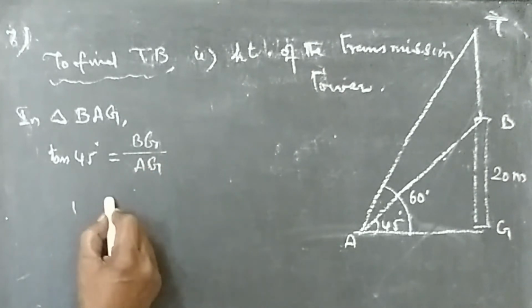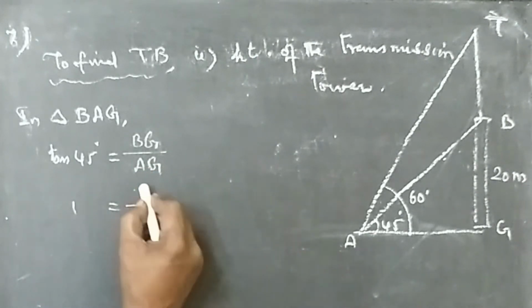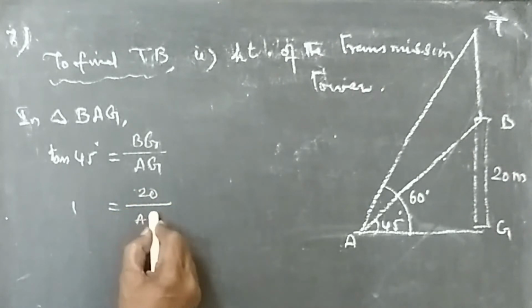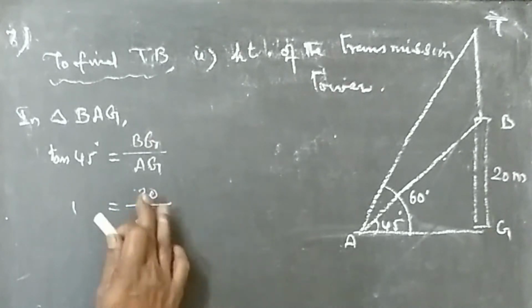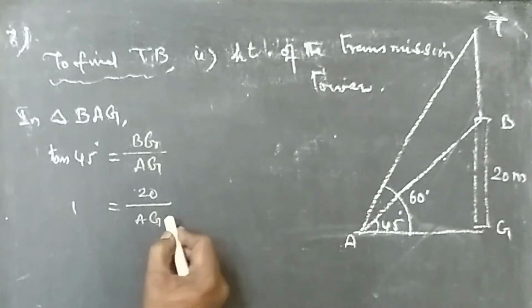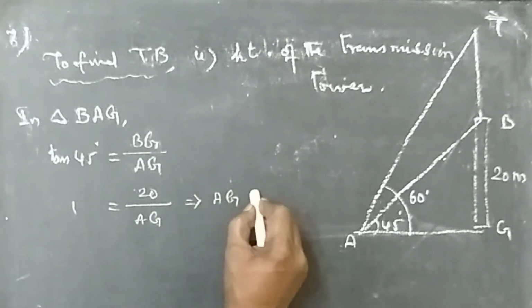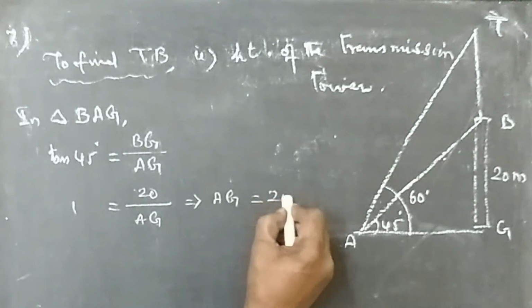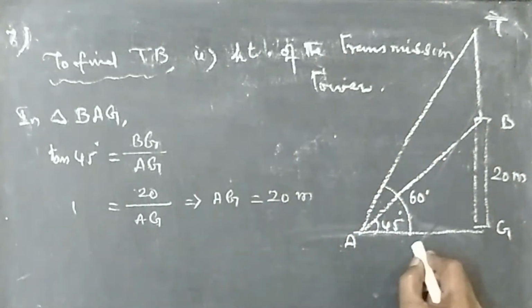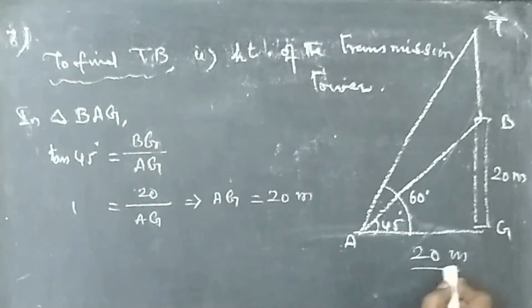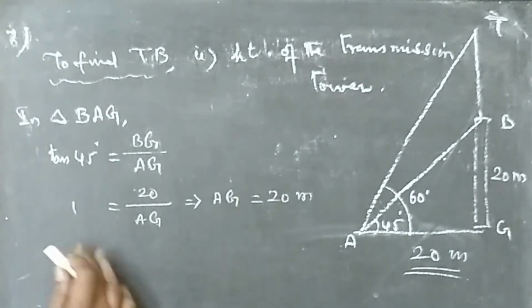This is 1 is equal to 20 by AG. This implies AG is equal to 20 meter. This is 20 meter, like that.